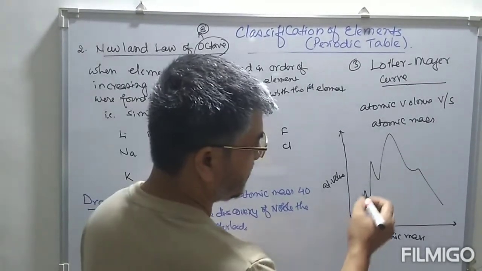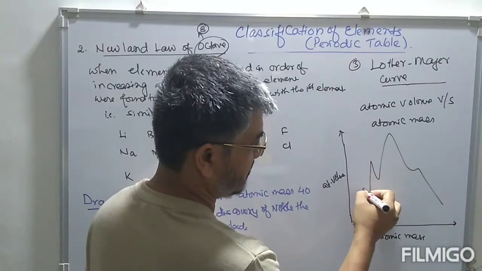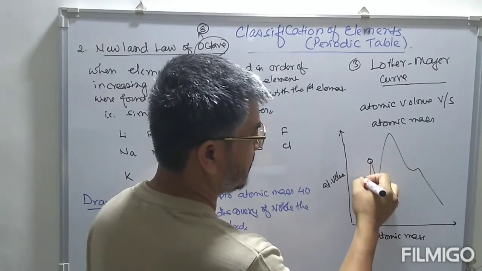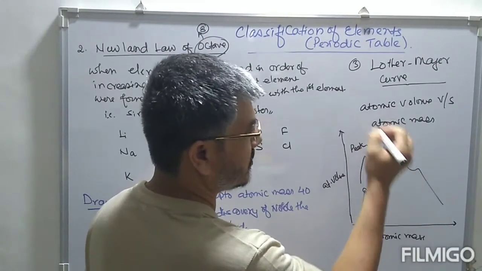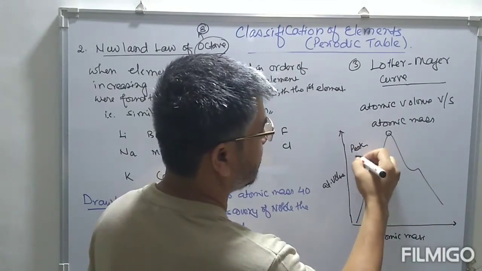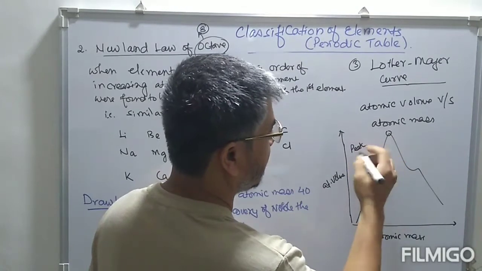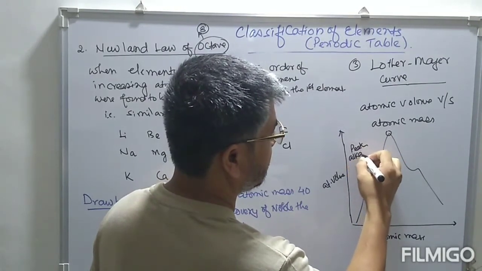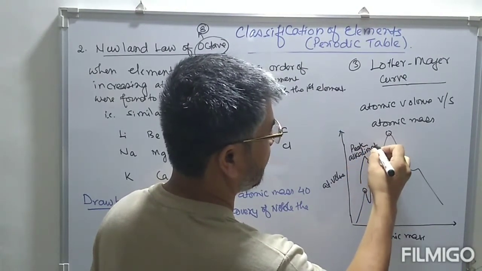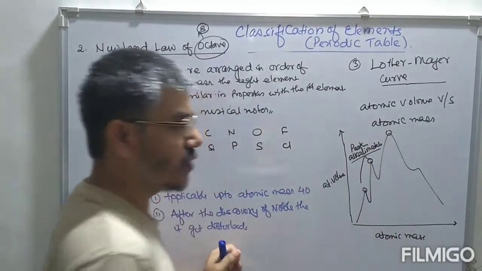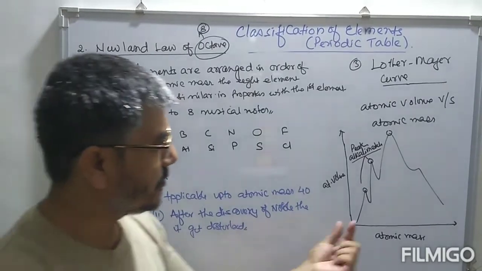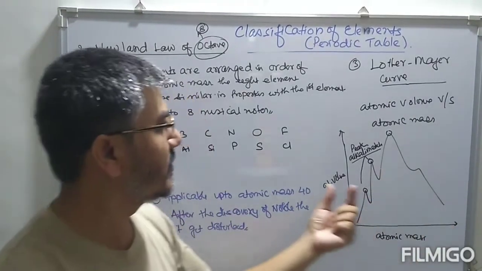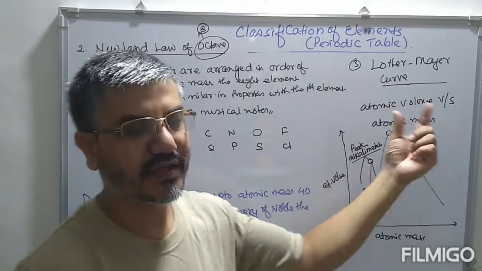So look at this, these peaks in the graph were occupied by alkali metals. So alkali metals occupy the peak position in the graph between atomic volume and atomic mass.